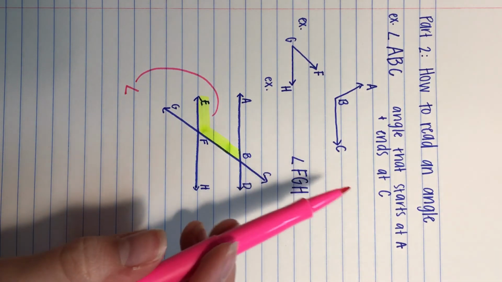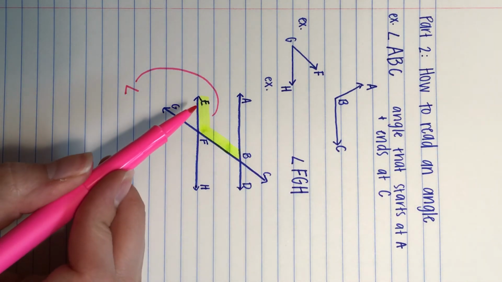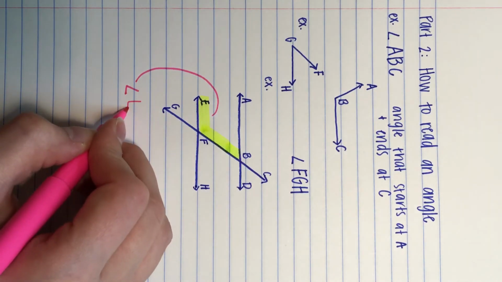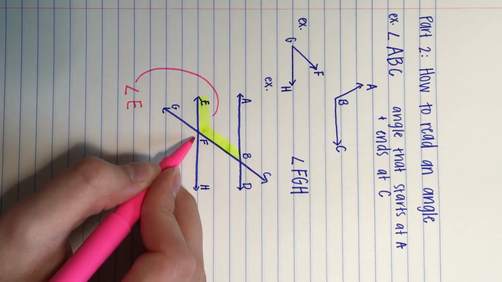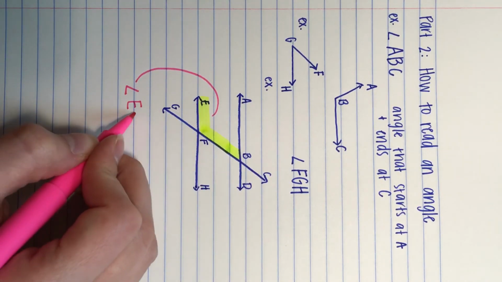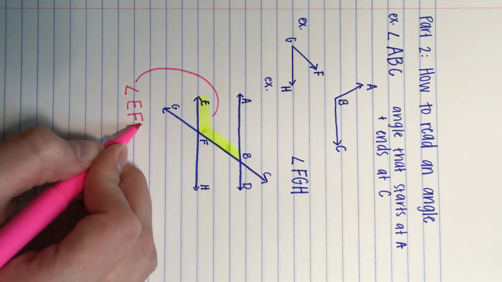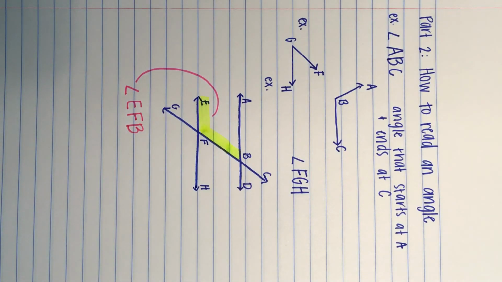And remember, I'm thinking about where does it start, where does it end? Starts at E, so E, I follow it, I hit F, and I end at B. So if I wanted to describe this angle, I could call it EFB. Okay?